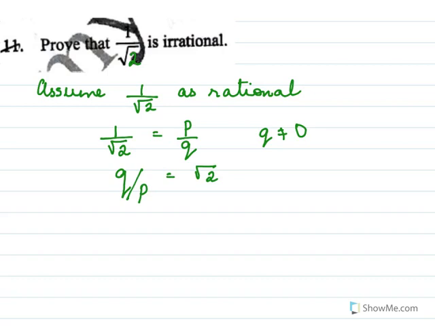Now if we take up the right hand side, Q and P both are rational numbers. Therefore the right hand side, Q over P is also rational.